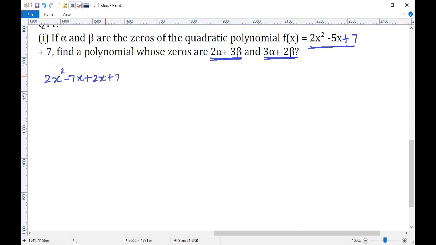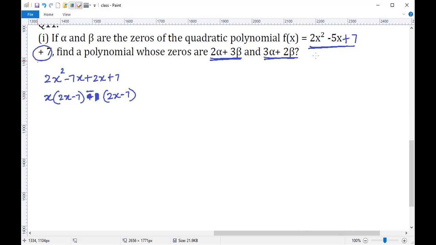Taking x common... sorry, taking minus 1 common so that you get minus 5x. I'm sorry, splitting won't work out; the plus 7 is there by mistake.